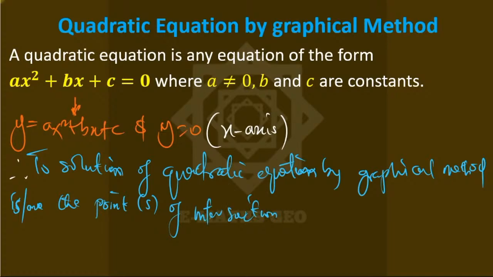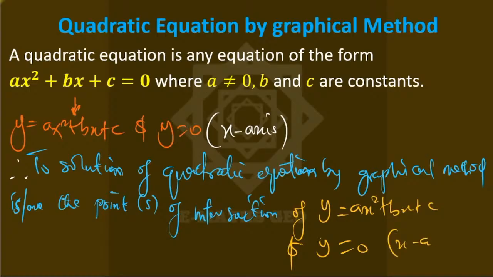Two functions: y equals ax squared plus bx plus c, that's the quadratic curve, and y equals 0, which is the x-axis.